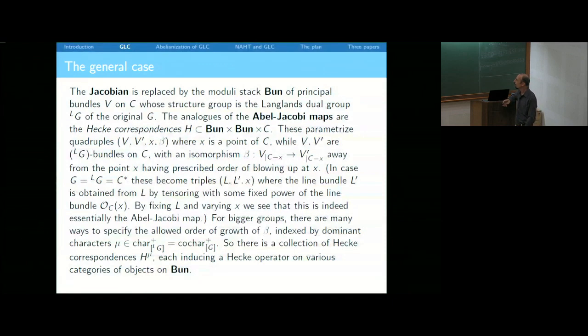So that means there's a collection of Hecke correspondences, not just a single one, but a whole family of H mu's indexed by mu's in some cone, lattice points of some cone.